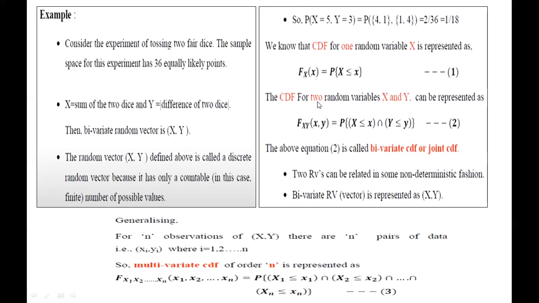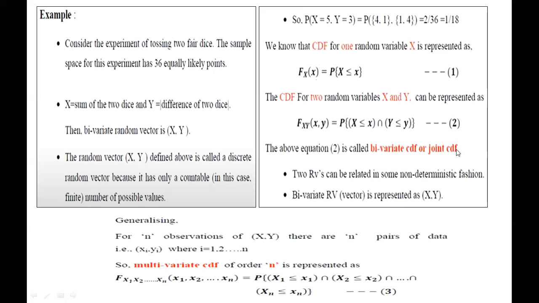Here we have considered two random variables. Suppose you have three random variables, then you will be writing here x, y, z, which is equal to the probability of the intersection of each random variable's probabilities. The above equation 2 is called bivariate CDF or joint CDF.